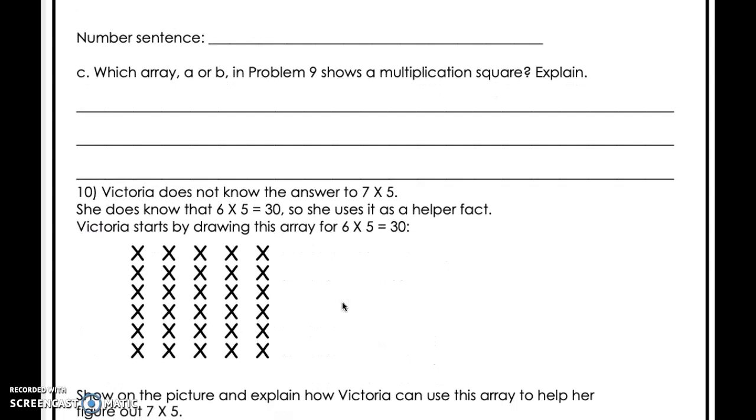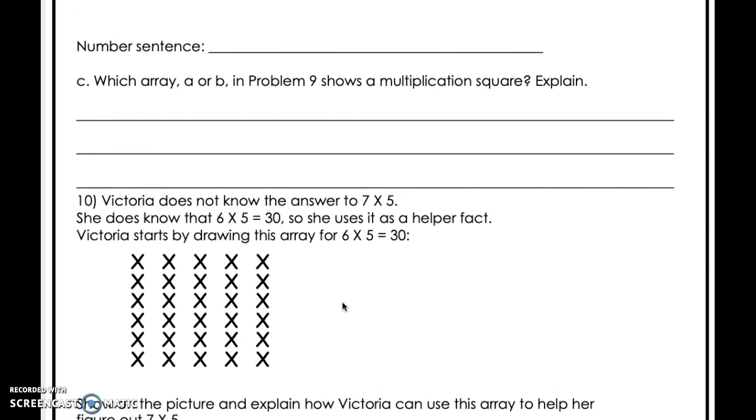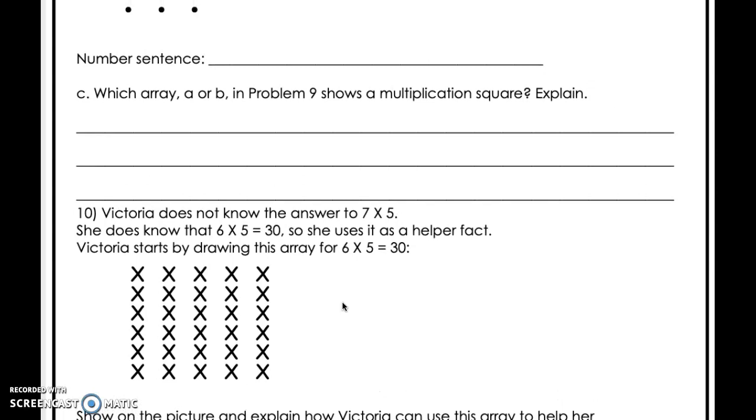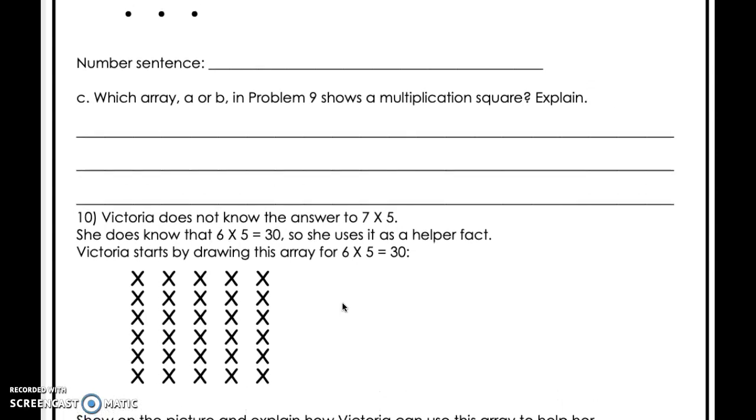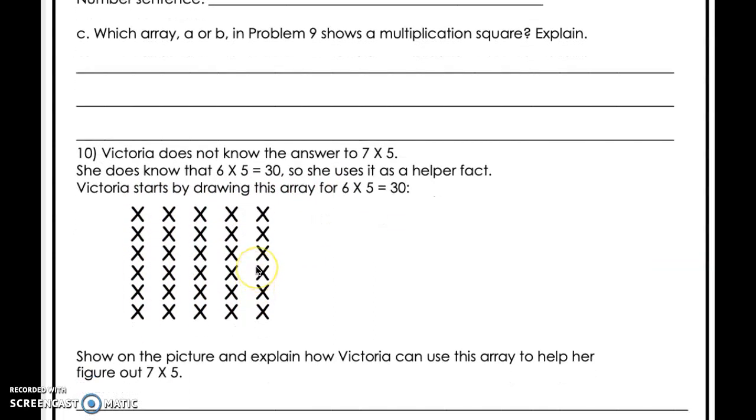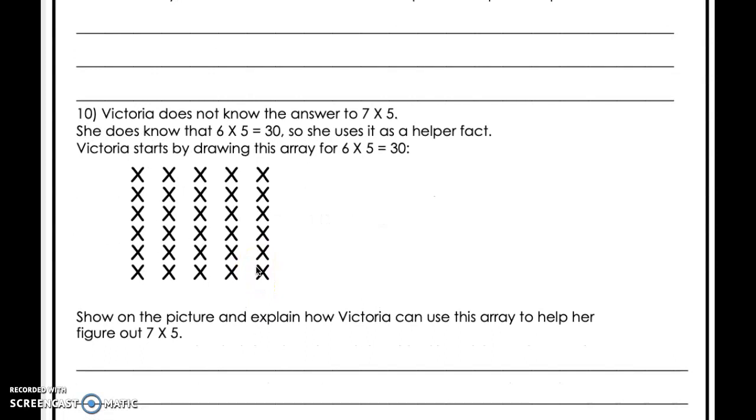Okay, going down here to the next one. Victoria does not know the answer to 7 times 5. She does know the answer to 6 times 5 is 30. So she can use that as a helper fact. Victoria starts by drawing this array. 6 times 5 is 30. Here she is. She drew 6 down, 5 in each row. So show on the picture and explain how Victoria can use this array to help her figure out 7 times 5.